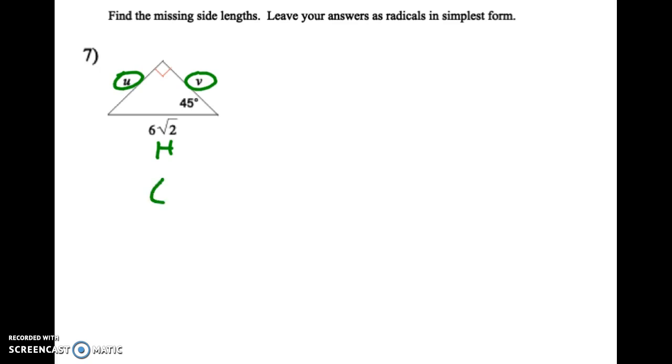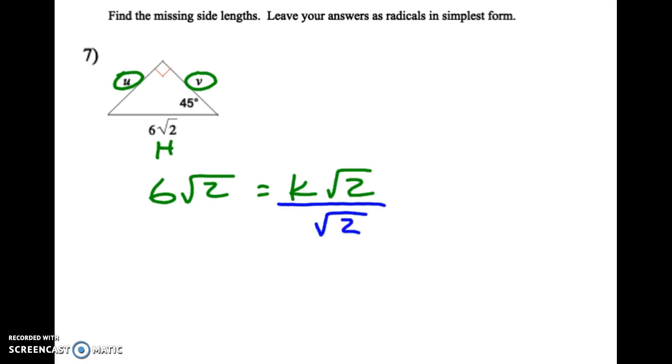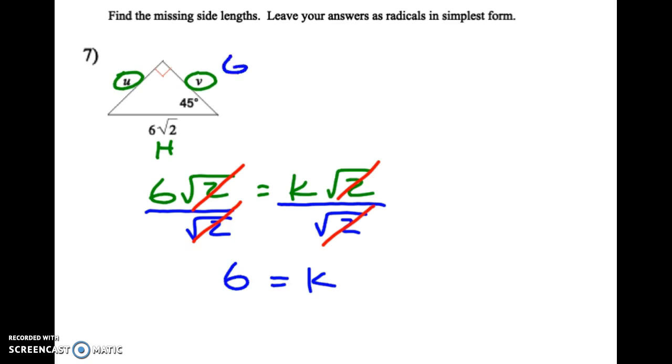Now if you remember, the ratio for the hypotenuse was k times the square root of 2. If we're going to solve for the k, or the side lengths, we need to divide by the square root of 2. So the side lengths will both be 6.